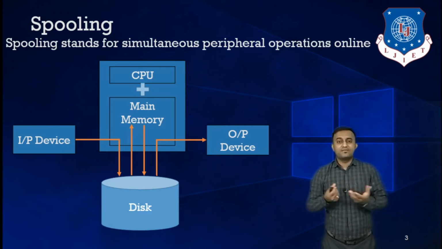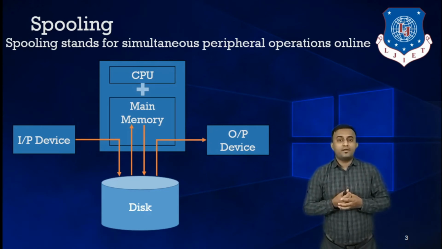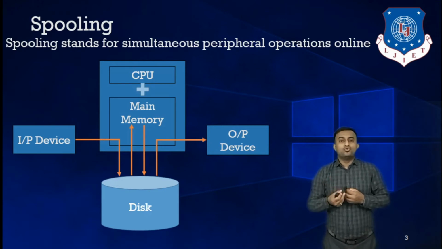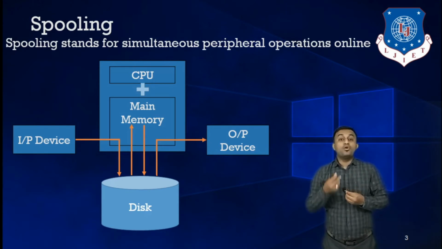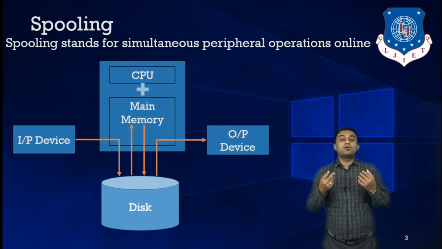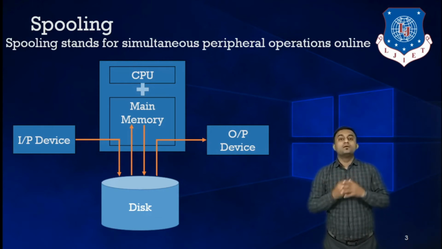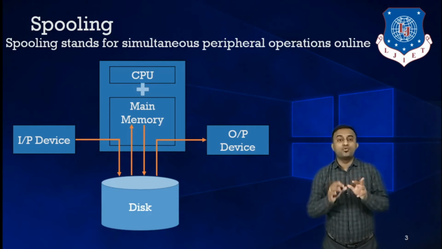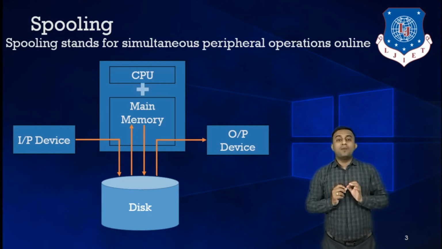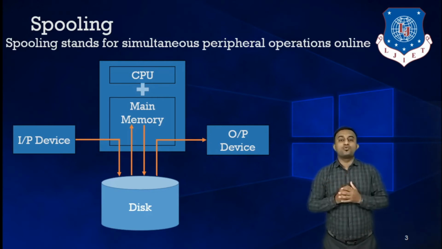So if you deal with input output devices directly, the CPU gets involved: it takes the input, processes it, and then sends the response to the output devices.